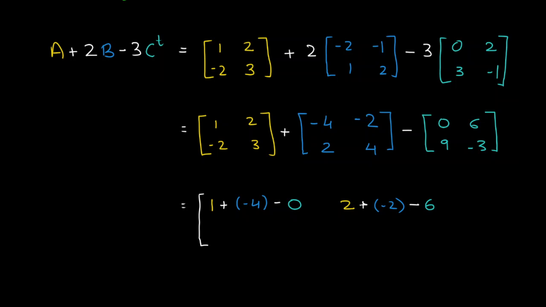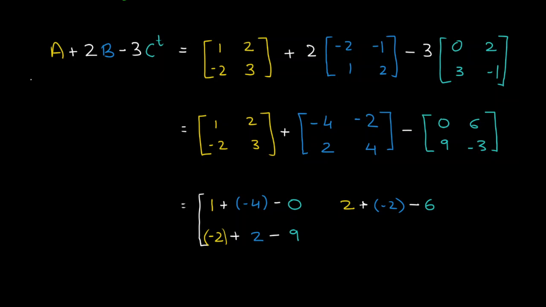Now let's move on to the second row, first column. I have -2 over here, and plus 2, and then minus 9. Let's put those in brackets to stay clear.